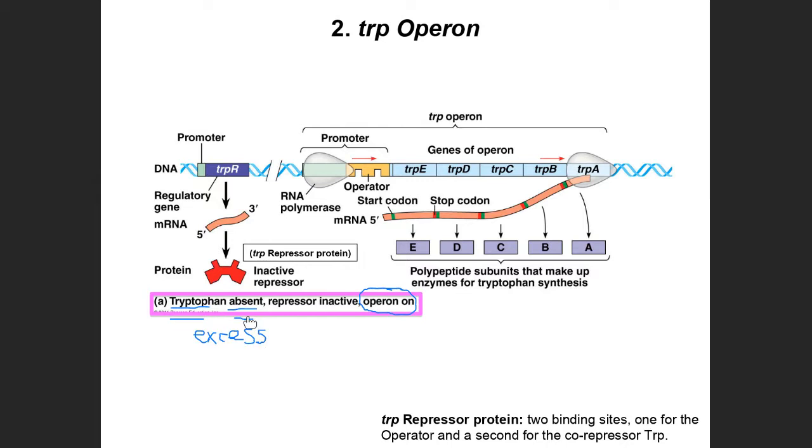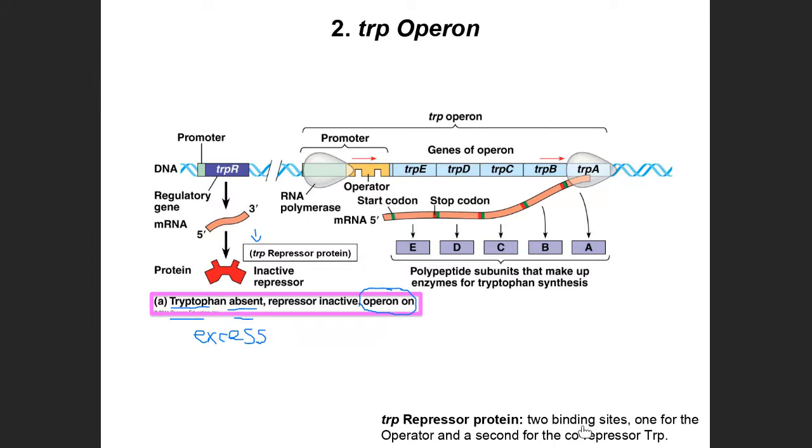So when there's no excess tryptophan, there's a repressor protein. The name of the repressor protein comes from the name of the operon. If it's a lac operon, the repressor protein is called the lac repressor protein. If it's a trp operon, you can see down here we have our trp repressor protein. The trp repressor protein also has 2 binding sites.